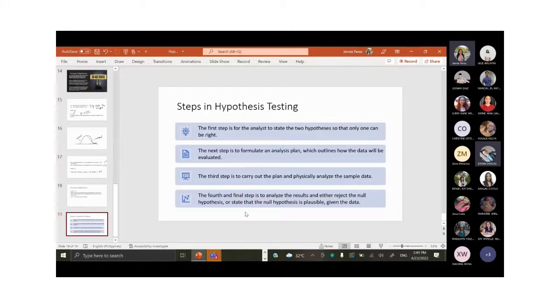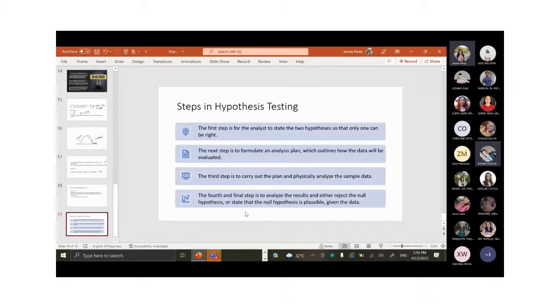And then third step is to carry out the plan and physically analyze the sample data. This is now the stage wherein you will perform the statistical test, whether you would be using t-test or Pearson's correlation or whatever, based on your objective, if you are testing for difference or if you are testing for relationship or association.